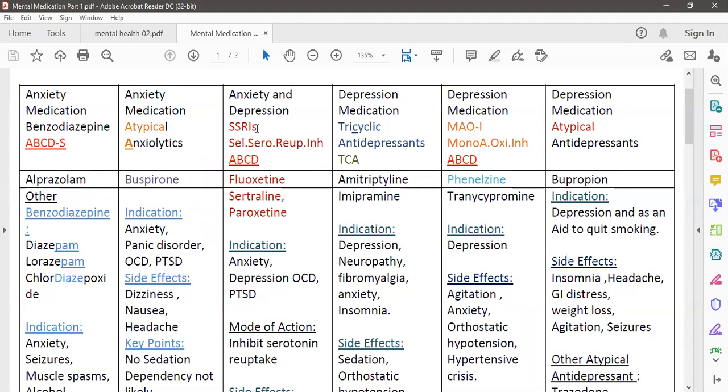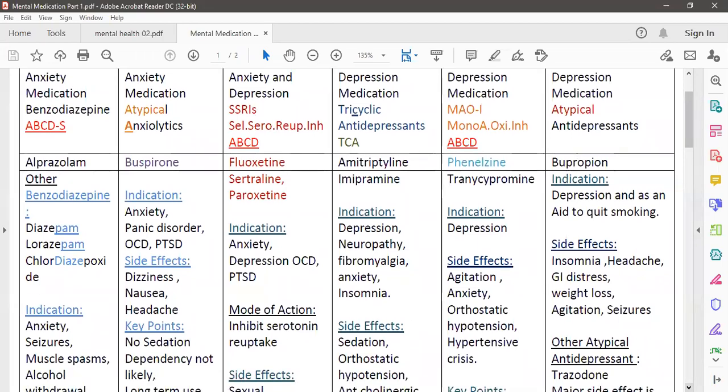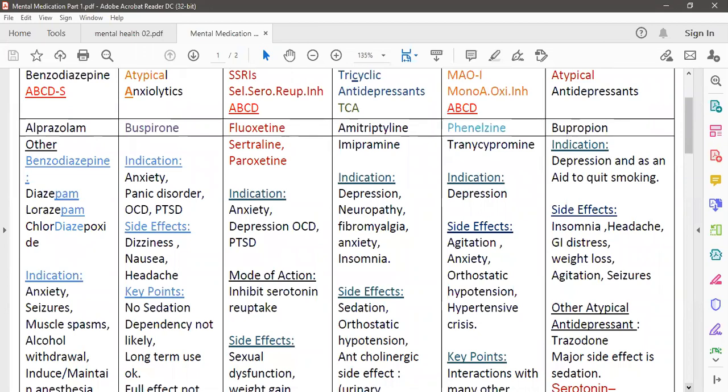Also, SSRI never given with MAO inhibitor, right? So now the question comes, how does SSRI work? Mode of action: they inhibit the serotonin reuptake.